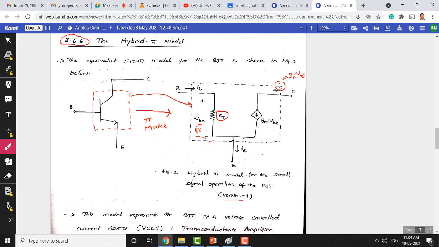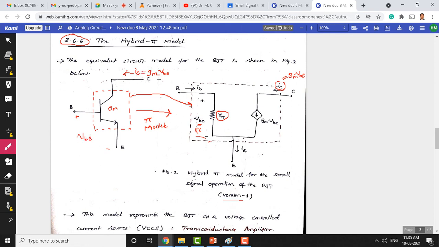Even in the actual transistor, the collector current that flows here, as we said in the beginning itself, depends on the Gm of the transistor. The Gm of the transistor is multiplied with the AC base emitter voltage that is applied here. So this current is proportional to the base emitter voltage.